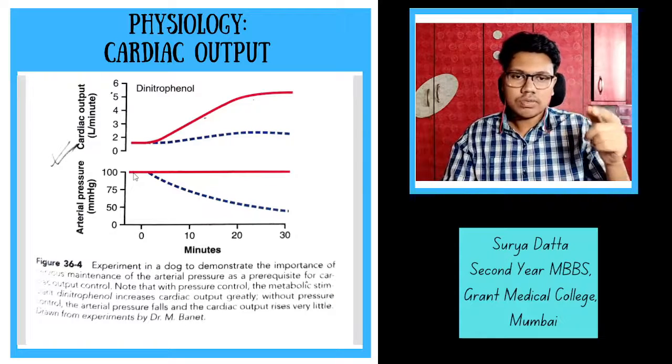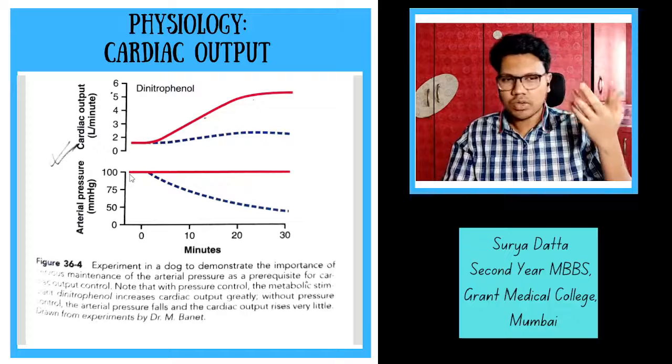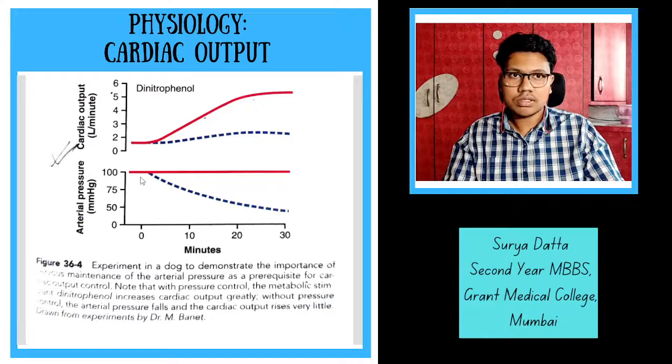So a lot of changes will happen all around the arterial pressure, but will not touch it. A slight trick. It's better to understand the concept, but if you're not getting the answer and you need to make an educated choice, which we basically call guessing, this can be a good option.